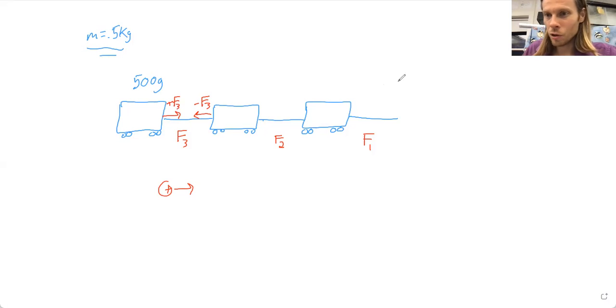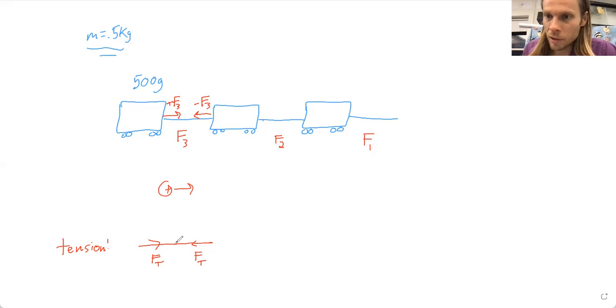So the tension in a rope is the same on both sides of a rope. Meaning one side of a rope doesn't pull more than the other side. So if it's 10 newtons pulling on you, it's 10 newtons pulling on the other person.